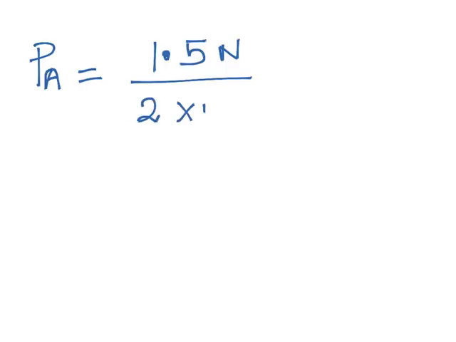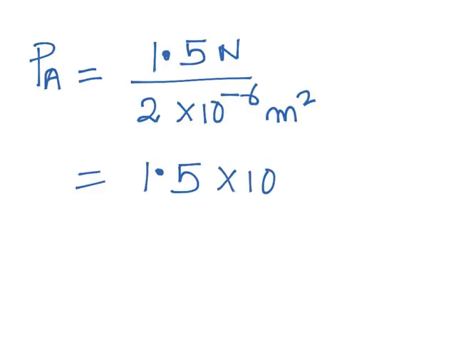2 into 10 to the power minus 6 meter square. So we can put 10 to the power minus 6 to the top, and it becomes 1.5 into 10 to the power 6.